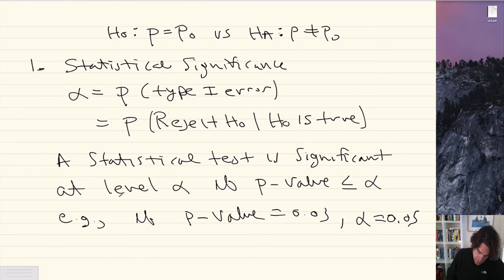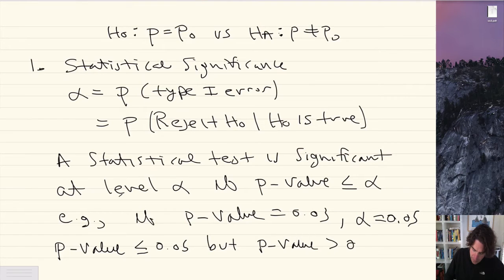In other words, since the p-value is less than or equal to 0.05, but the p-value is greater than 0.01, it's statistically significant at the 5% level, but not at the 1% level.